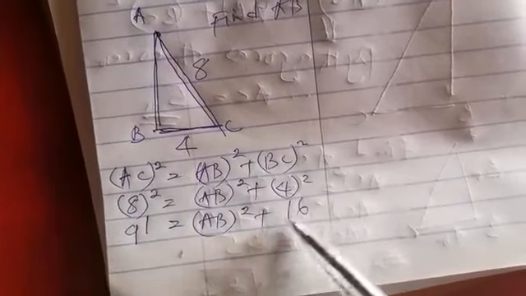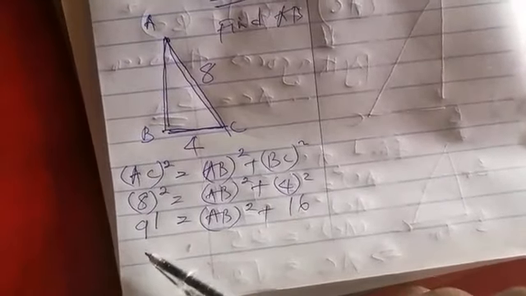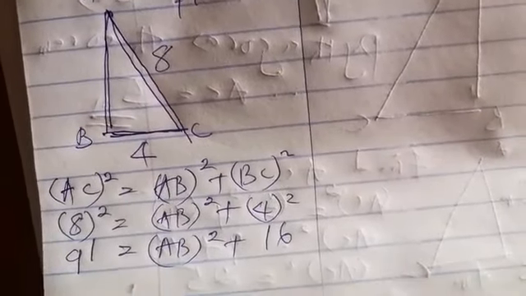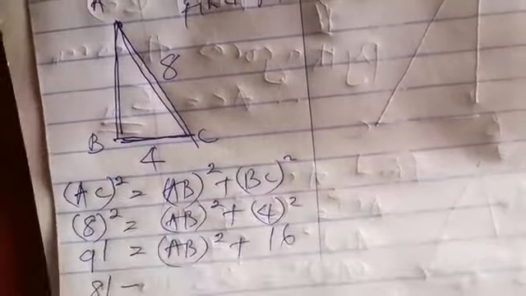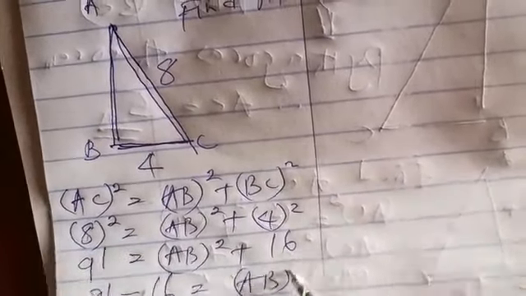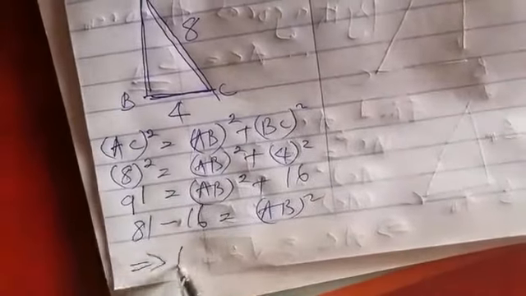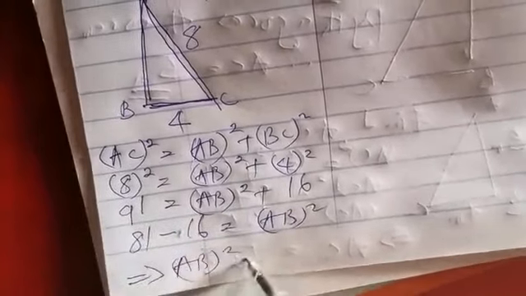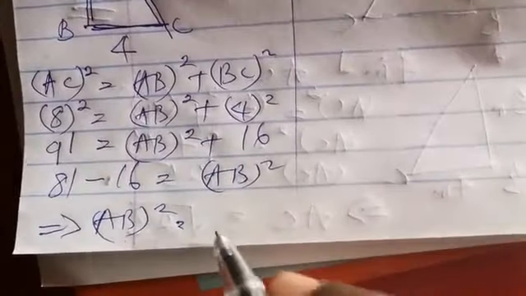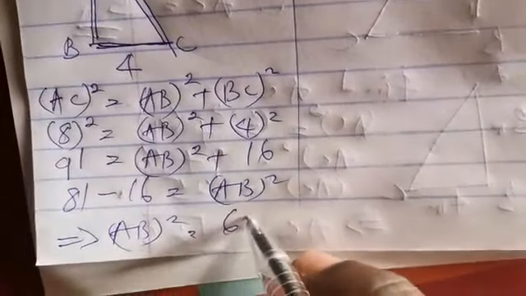As usual, send 16 over to the other side of the equation. This is now plus 16, so when plus crosses an equal to sign, it automatically turns negative. So you have 64 minus 16 equal to AB squared. This implies that AB squared is equal to 64 minus 16, and that is 48.